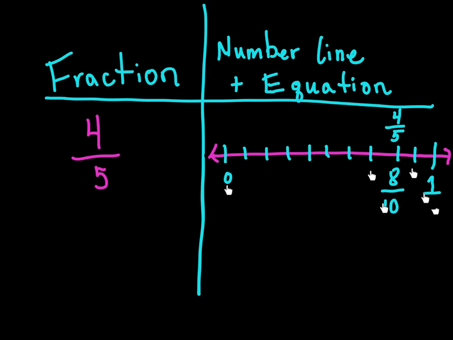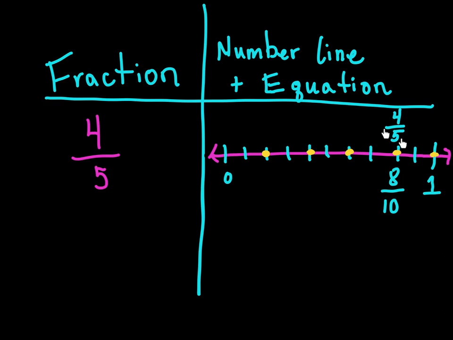So how does 4/5 equal 8/10, or 8/10 equal 4/5? Since it's broken up in tenths, let's see how we can break it up into fifths. We do this right here. We have 1/5. Let me change the color. 1/5, 2/5, 3/5, 4/5, 5/5.